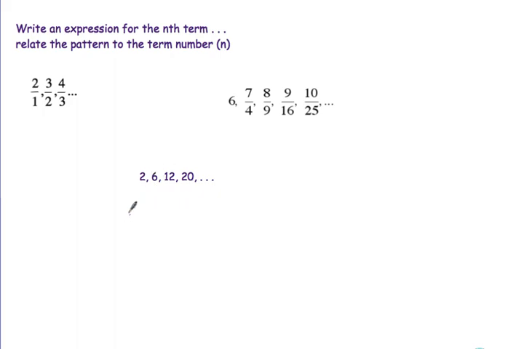Okay, so ask yourself, am I adding the same thing each time? Well, 2 plus 4 is 6, but 6 plus 4 would be 10. So we're not adding the same thing each time because it looks like the amount that we're adding changes. So it's not arithmetic.